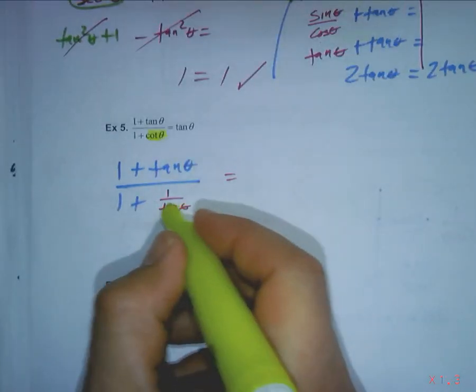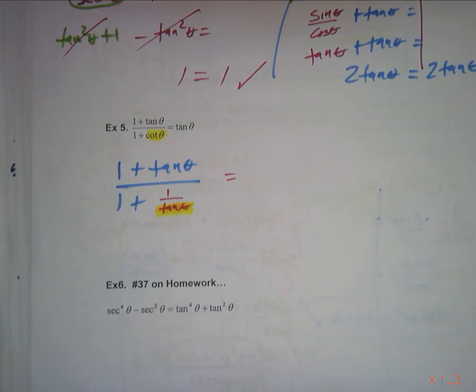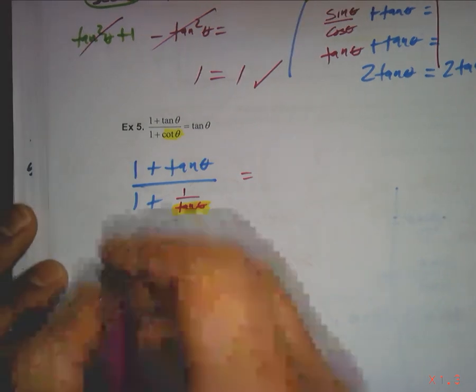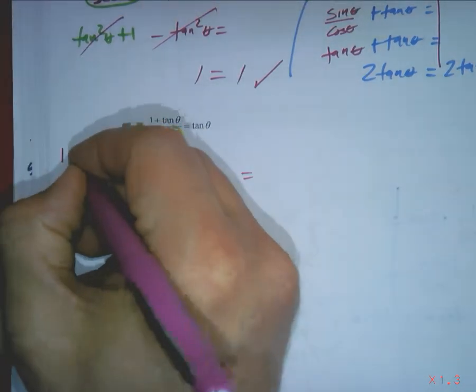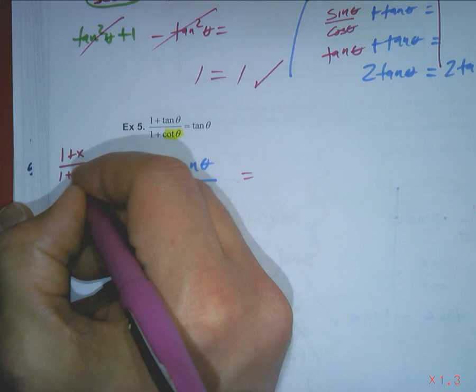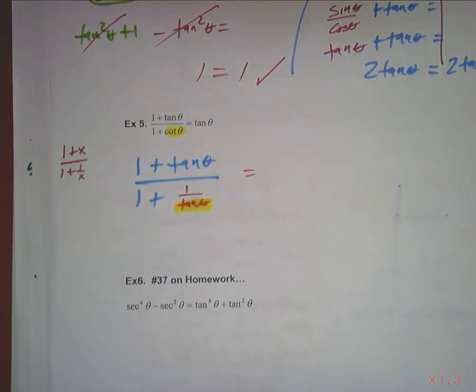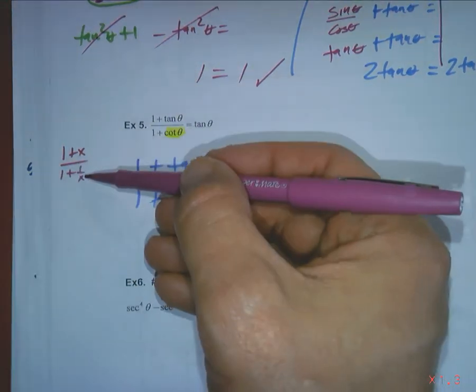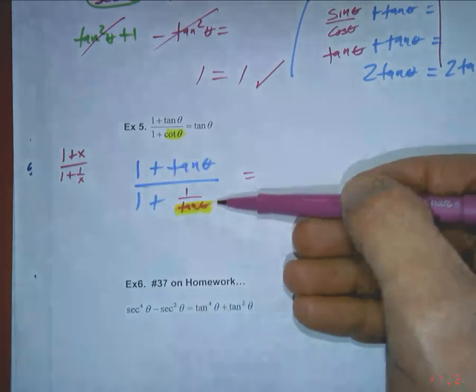Well, this is what we call a mixed quotient, where you have a big fraction, and inside of that you have whole numbers and another fraction. We did this back in the appendix when we had something like 1 plus x over 1 plus 1 over x. We want to get rid of this denominator, in this case, tangent.